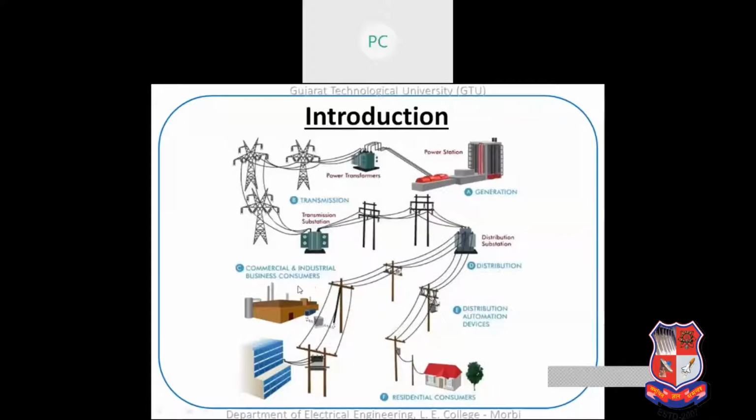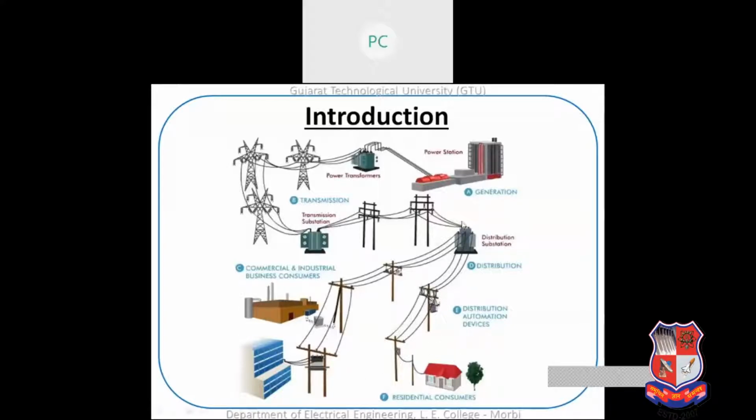That is, commercial or industrial consumers may require power at 11 or 66 or 33 kV, whereas these residential consumers require power at 230 volt, that is single phase supply AC. In industry we require 3 phase also, so we have to distribute power in such a way.